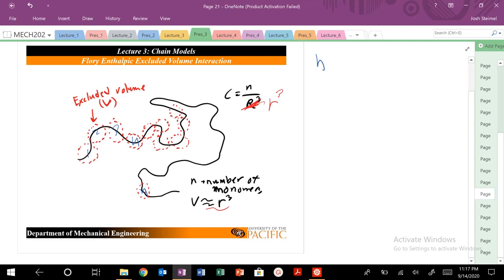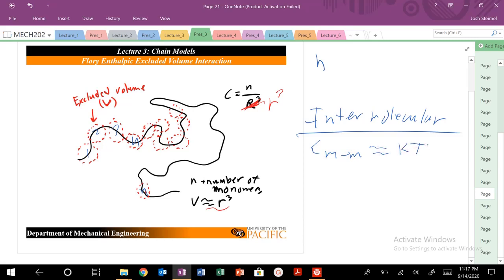Now, we know that in polymer chains, we are going to have intermolecular interactions. These are the interactions that are available for our monomers to interact with one another. Our E monomer is going to be on the order of kT when monomers interact with each other.